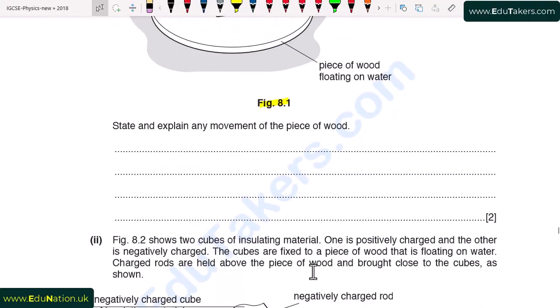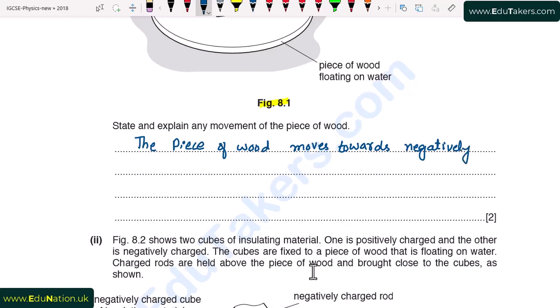I write here, the piece of wood moves toward negatively charged rod because opposite charges attract each other.